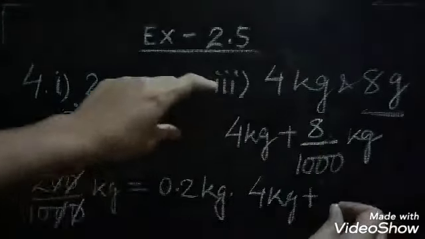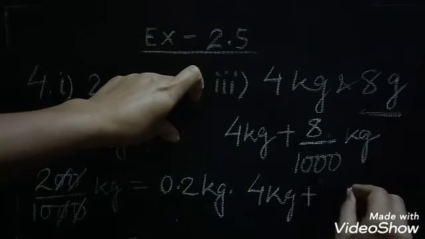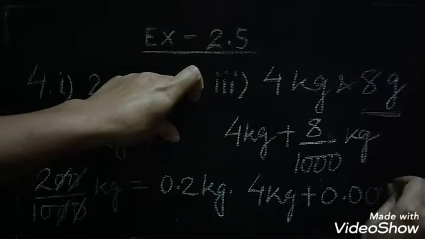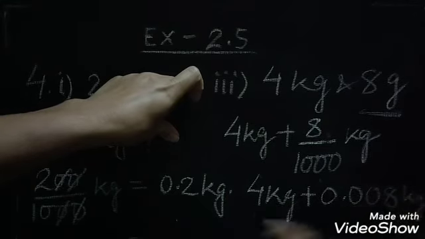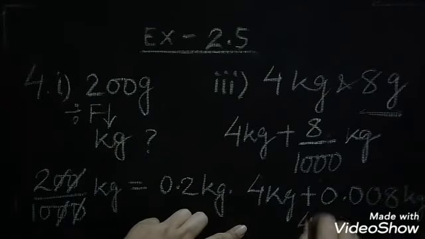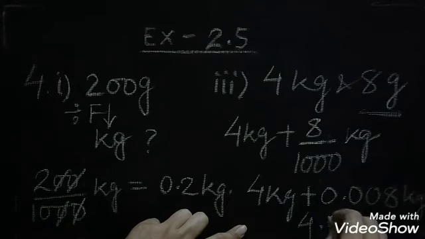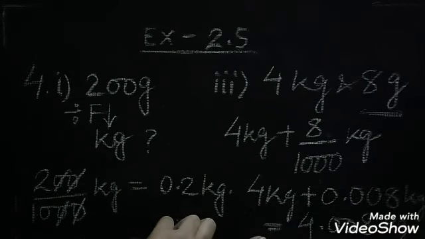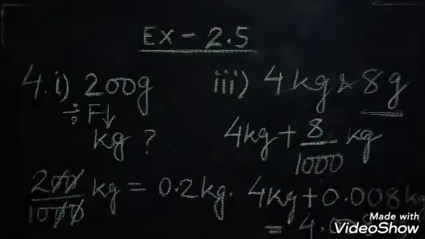So you have added 2 zeros before placing the decimal. So 0.008 kg. Now when you add these together, the final answer shall be 4.008 kg. So this much is equal to the question given in part number 3.